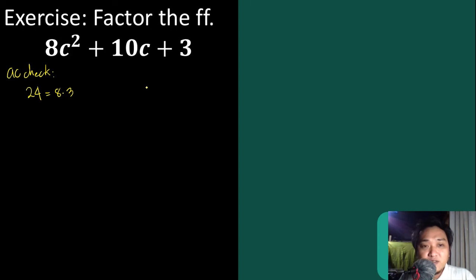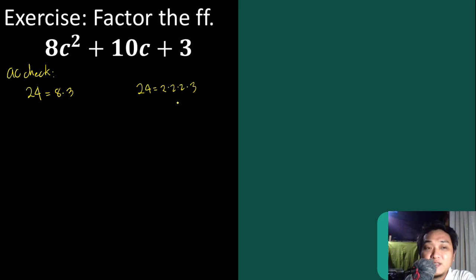And then let us try to find the prime factors of 24. The prime factors of 24 is 2 times 2 times 2 times 3. Of course, with the help of 8 times 3. Para saan natin gagamitin yung prime factor?